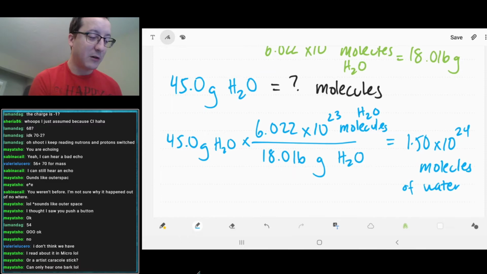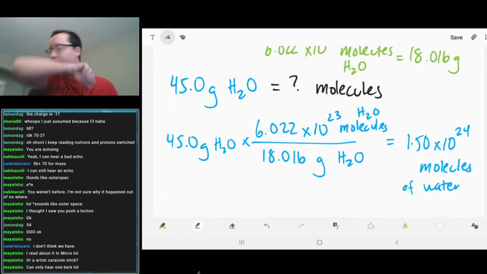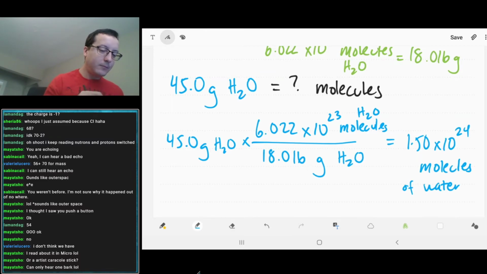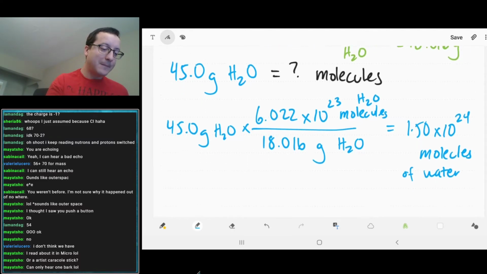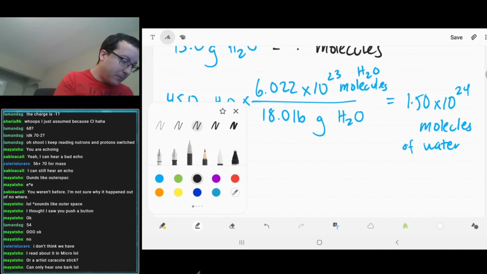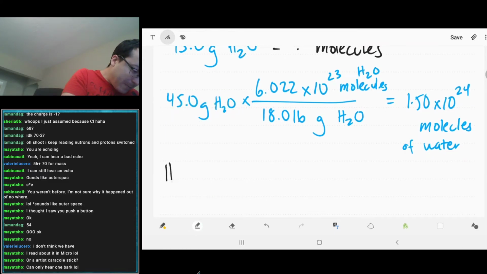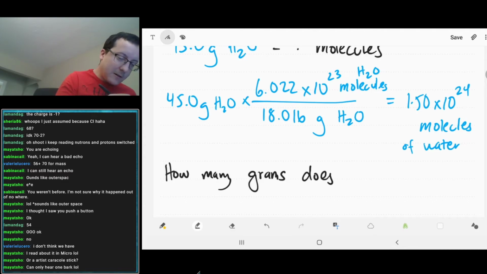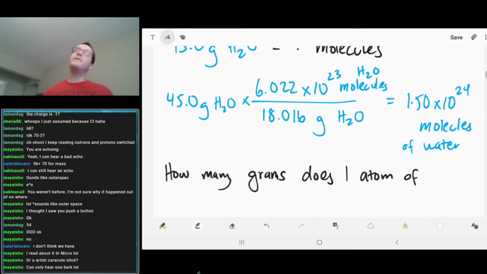But we could also use this information to find out how many grams does one atom of, let's see, which element shall we do today? How about, let's do rhodium.